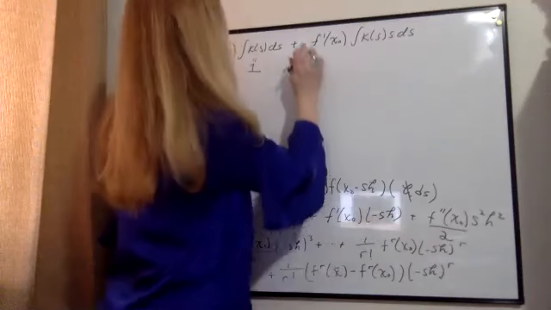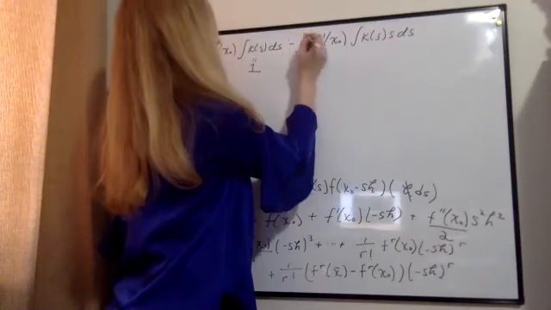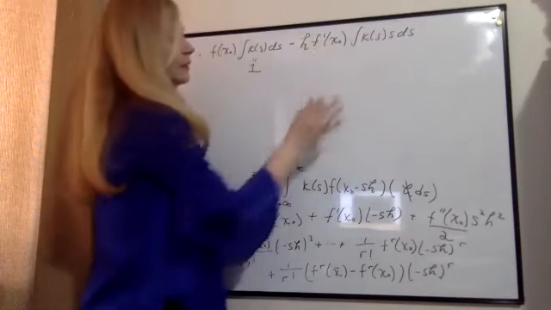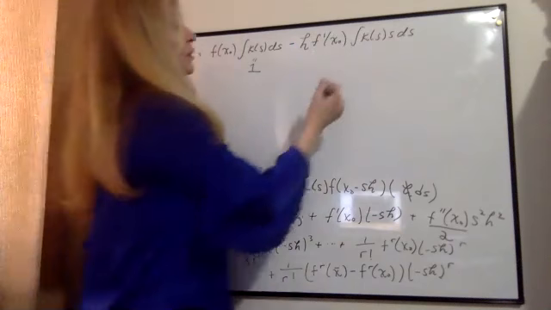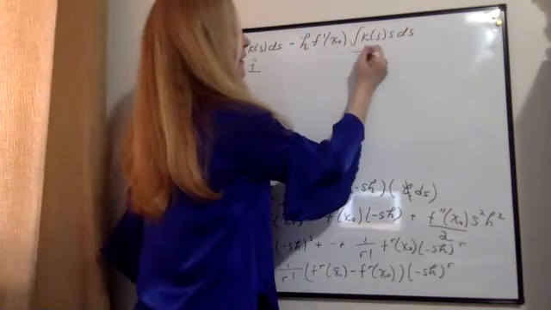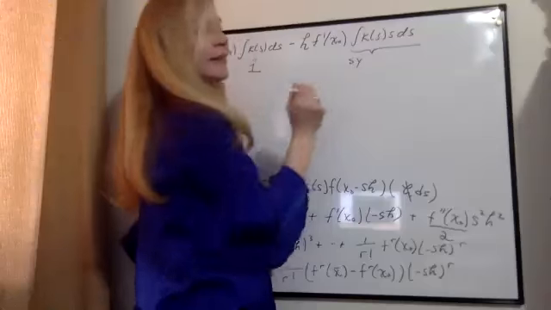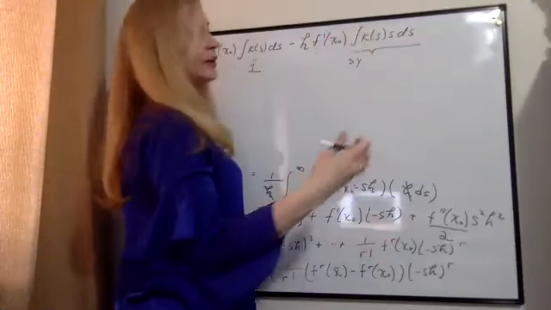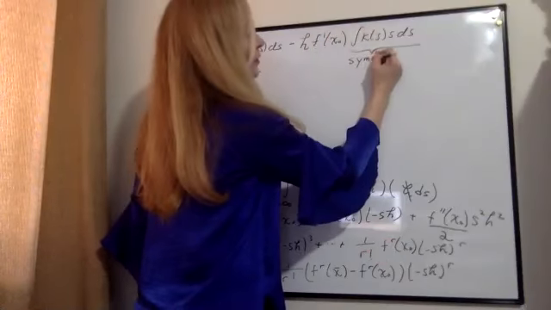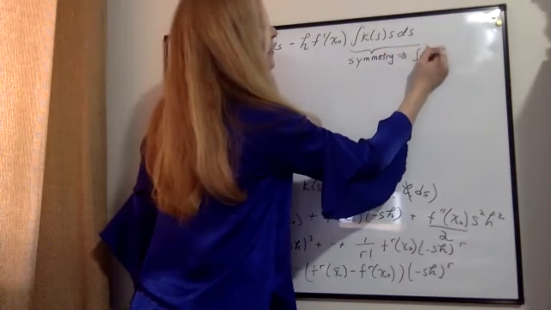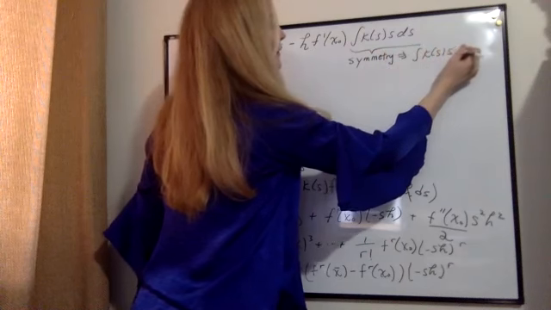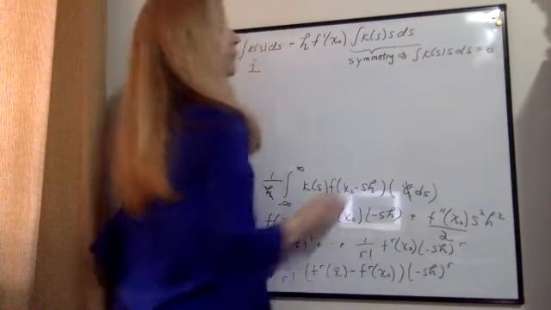Oh, there's a minus sign too. So this times h. Well, h doesn't depend on s, so we can take that out. Okay. So symmetry, if we choose k to be a symmetric function, that implies that the integral of s k of s ds equals 0.